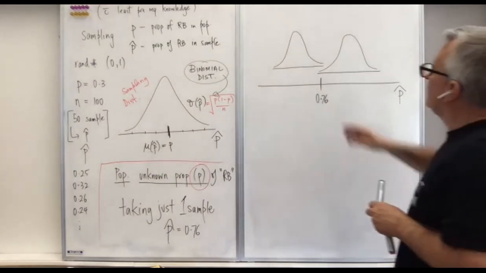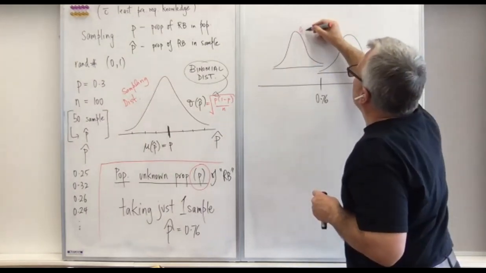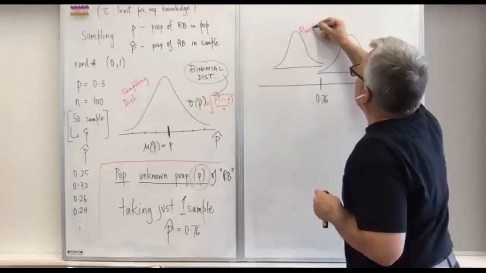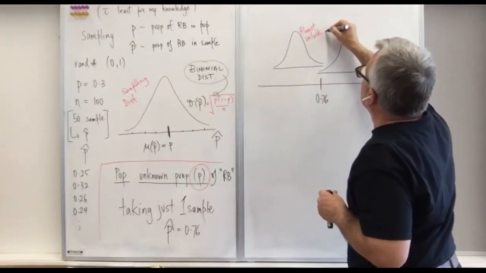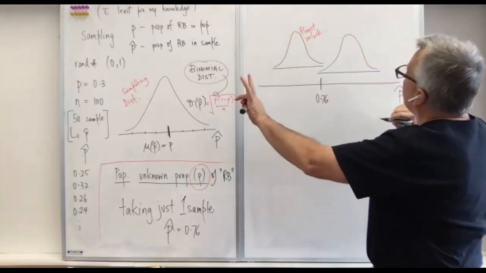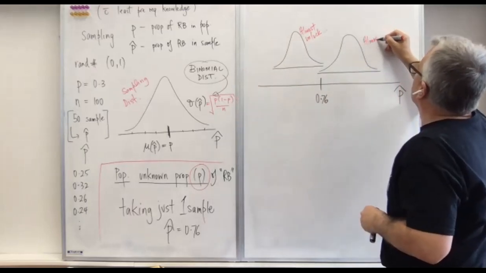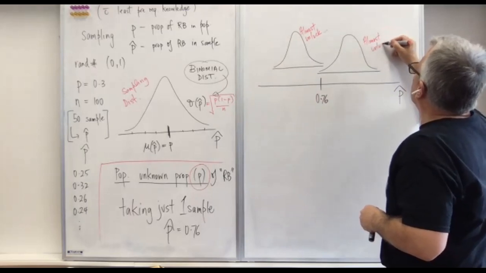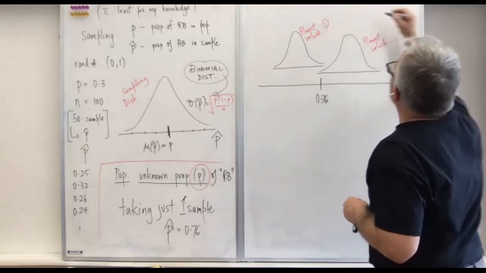And this is going to represent the almost unluckiest case down that end. And this is going to represent the almost unluckiest case down the other. So we'll call this 1, we'll call this 2.